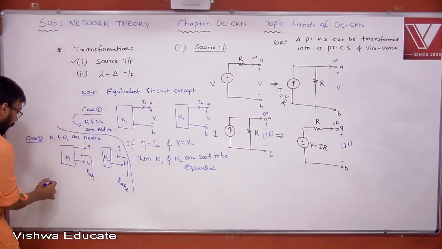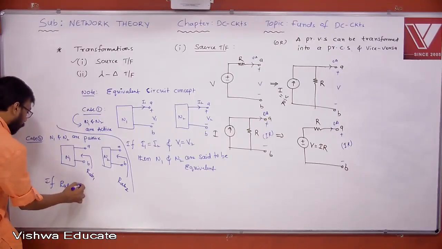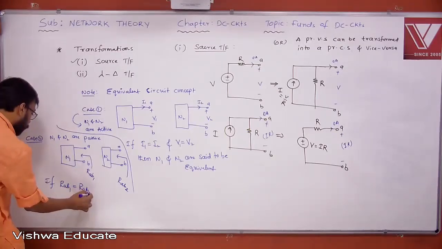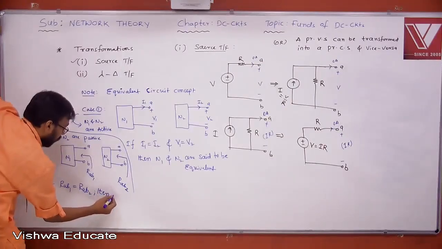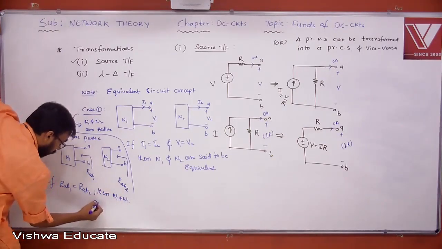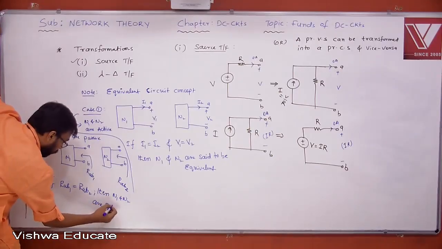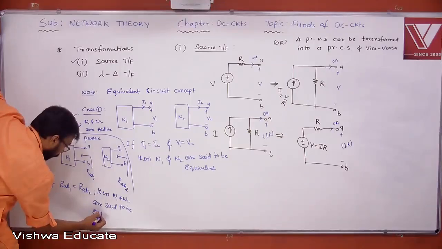If RAB1 is equal to RAB2, then N1 and N2 are said to be equivalent.